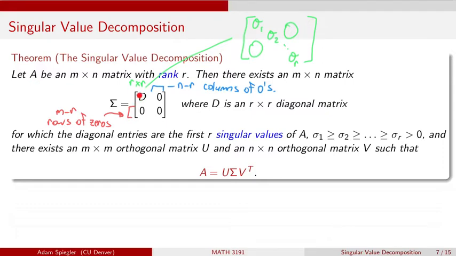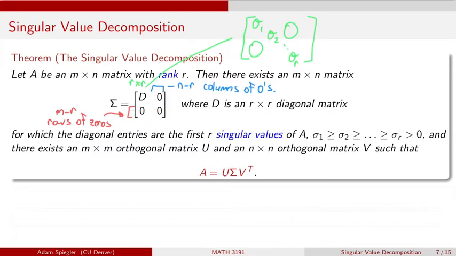So if over here we have an r by r matrix, then to add up to a total of n columns, we have a bunch of columns of zeros after this diagonal matrix. In fact, we have n minus r columns of zeros, and below this matrix D, we're going to have m minus r rows of zeros.